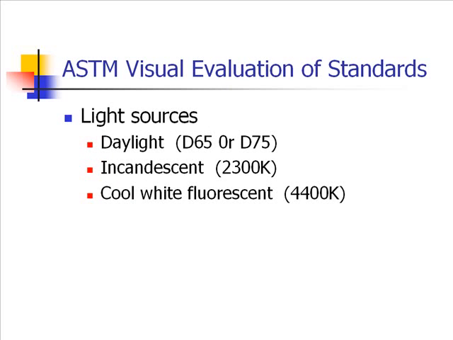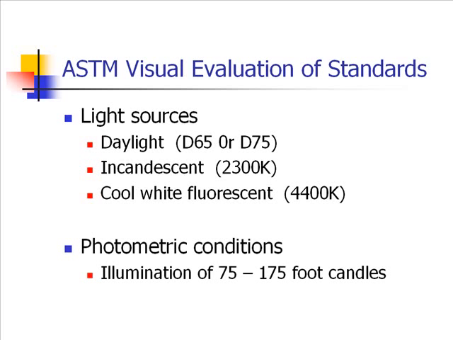It lists the light sources that are needed, like I mentioned, in the light booths, and then the photometric conditions, or how bright the color is. So you can take a light meter like you would use for photography and put it under your light booth and see if you have enough brightness from your light booth. You can see there the standard is between 75 and 175 foot candles, which is a measure of brightness.